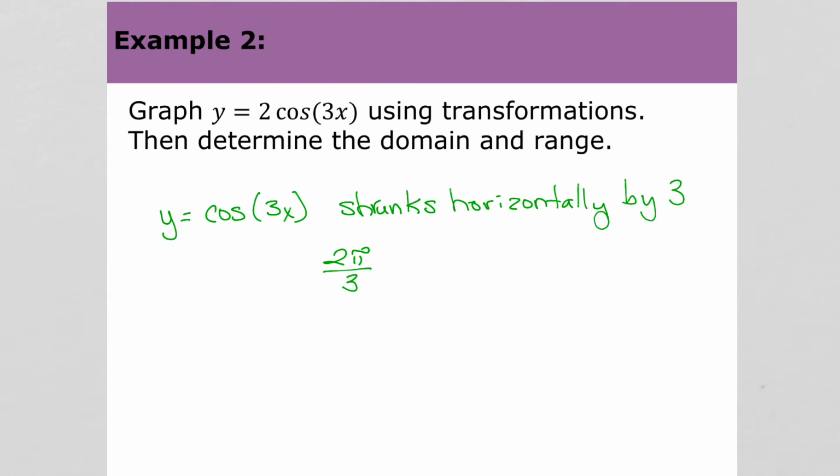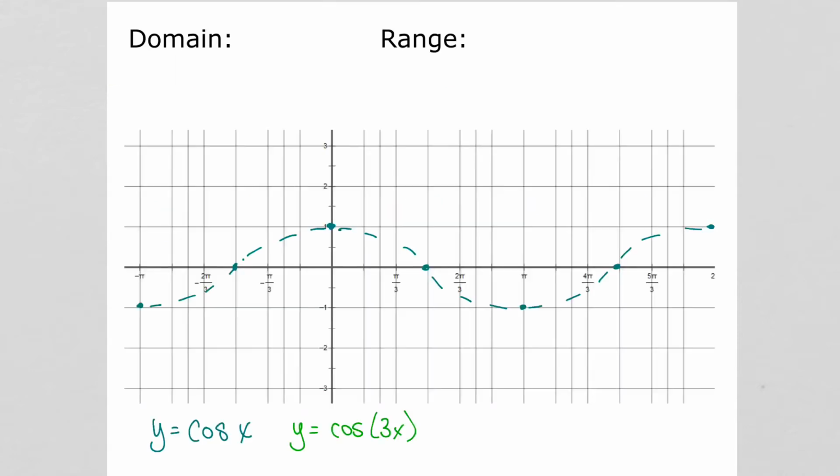So it's going to repeat 3 times inside of our normal period of 2 pi. So our normal period, it repeats once. But since we're multiplying the x by 3, it's going to happen 3 times in there. So let's see what that looks like.